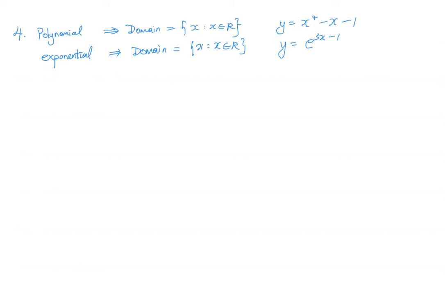Next, natural log. When it comes to natural log, for example, given that y equals ln of x squared minus 4. Whenever we talk about natural log, what is the thing that we have to remember about the domain?